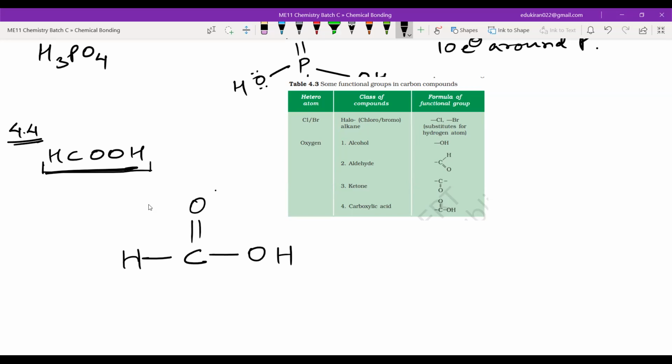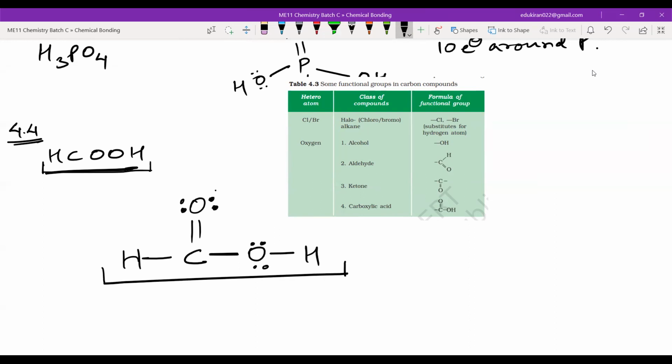Now there is one thing you can understand from this structure: whenever you have a single bond oxygen like OH, oxygen has 2 bonds, so 2 lone pairs. This also has 2 bonds, so 2 lone pairs. So this was an easy structure.